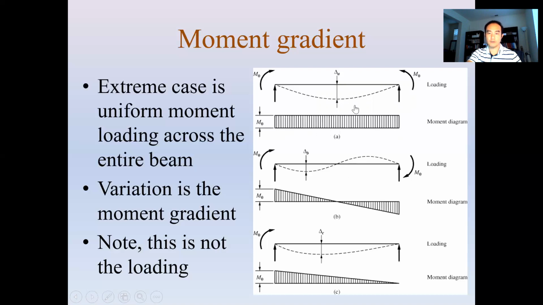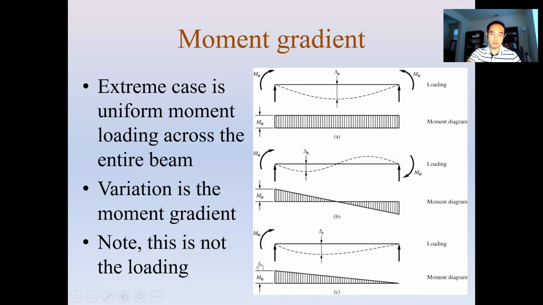So we have to have some kind of difference between these two cases at least. And this is kind of in between. We have the maximum moment at one end, and there are no other moments applied. In the bending moment diagram, we have a positive jump up to M naught, then a decrease back to 0. Again, most of the beam is not under the maximum moment M naught.